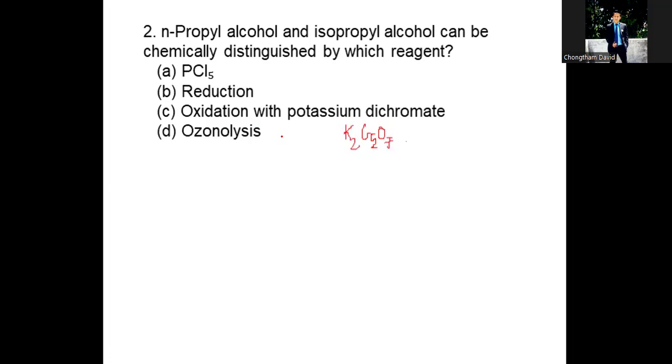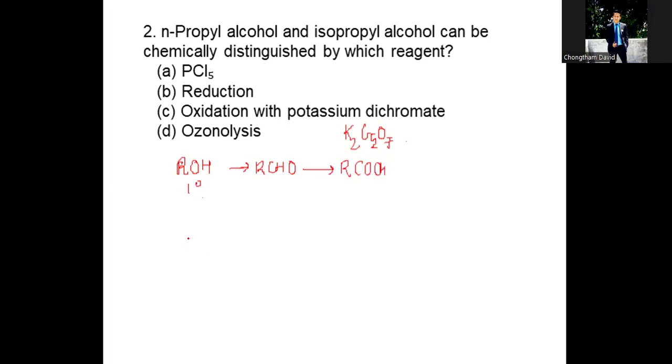So remember, primary alcohol on oxidation gives aldehyde, which on further oxidation gives carboxylic acid. That is the general rule of thumb. Primary alcohol gives aldehyde on oxidation, and further oxidation generates acid. But the thing is, this should be your primary alcohol.